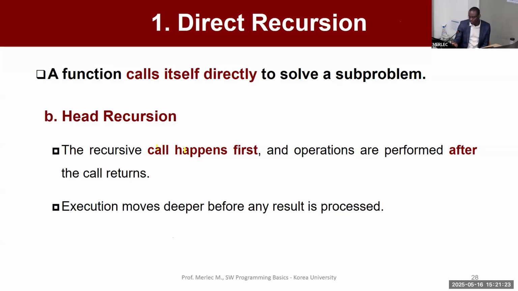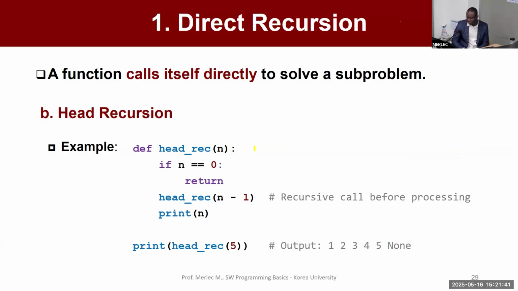So when we first call the recursive function, this is a type of head recursion, and this is used for the execution that will move deeper before any result is processed. As an example for this, we have this function which calls first the recursive function in case the base case condition is not satisfied.